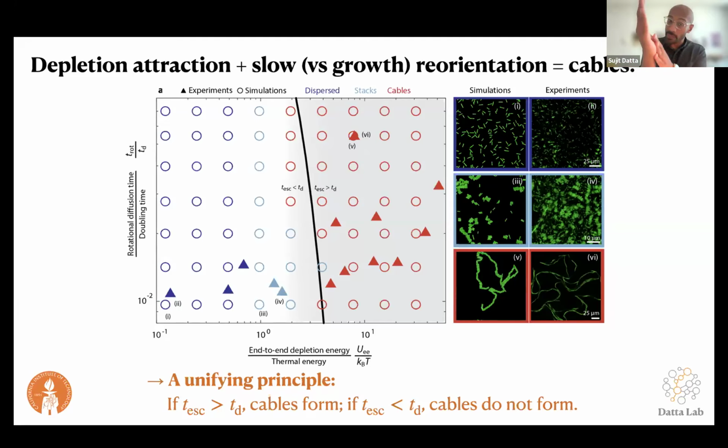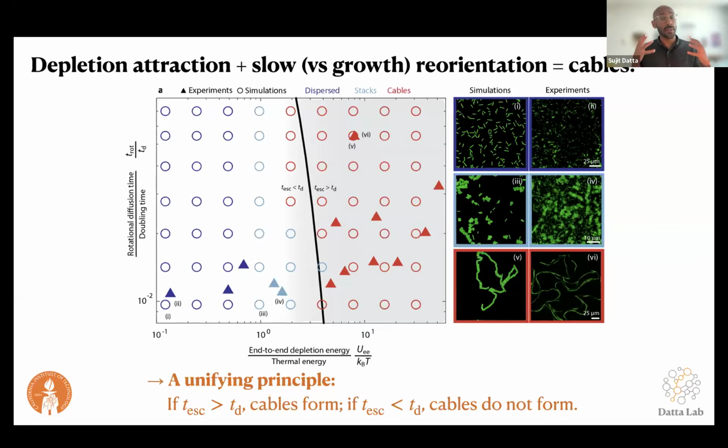And we expect that to the left of it, we shouldn't see any cables. To the right of it, that's when cables should arise. And that's exactly what you see by these color-coded points. The solid symbols are from the experiments. The open symbols are from the simulations. And in all cases, this very simple biophysical principle captures when we do or don't see cables.